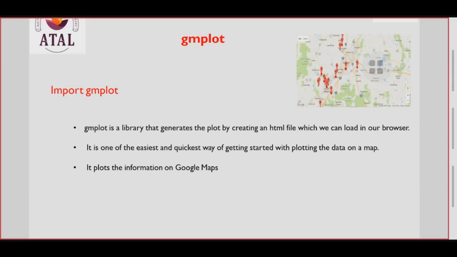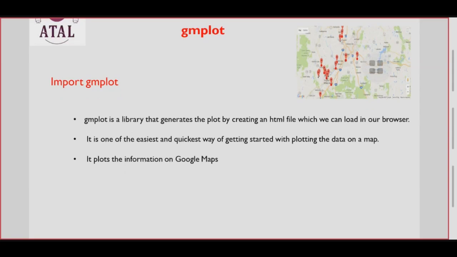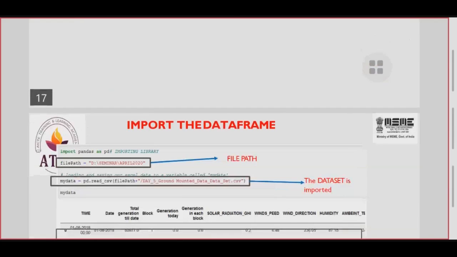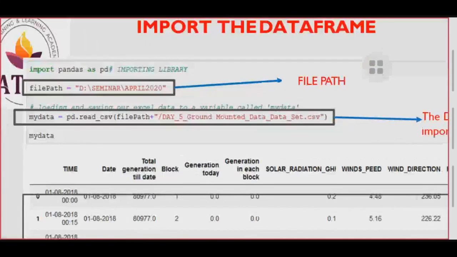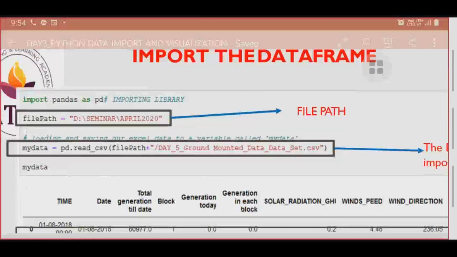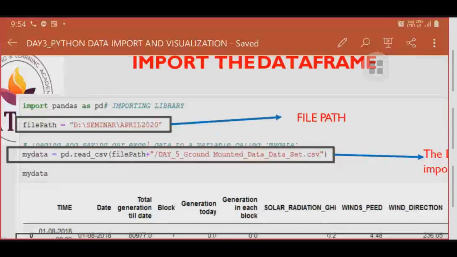Next, if I want to use the file name only, and I am using a long file path, I can't declare it each and every time. So I can give the file path once and access it anywhere. For that, this is the second line of the command series. File path equals the location you will give. Then pd.read_csv, you give the file path plus a slash between double quotes. Then you give the CSV file name with .csv.